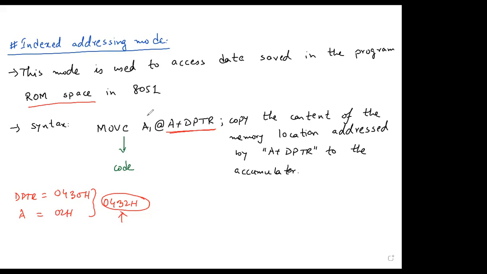Sir, is it a 1 byte instruction? Yes, it is. Are you asking about the opcode of this instruction? No, sir, about the MOVC. So you're talking about the opcode, right? Yes, sir.